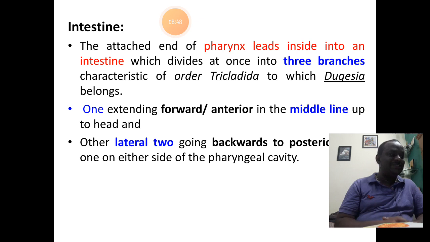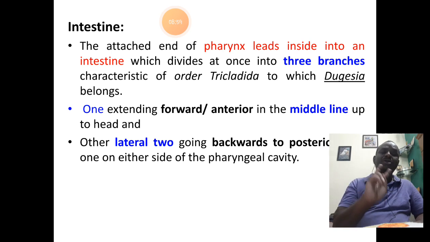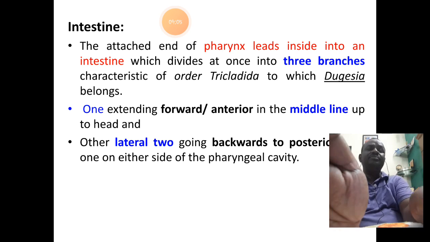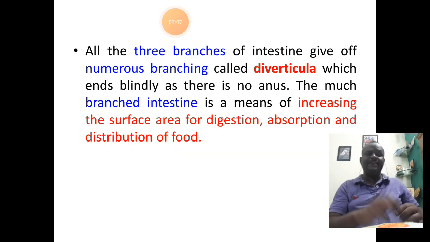Together they are referred to as the posterior branches. So we have 1 mid-anterior branch and 2 posterolateral branches. This is about the importance of the intestine.